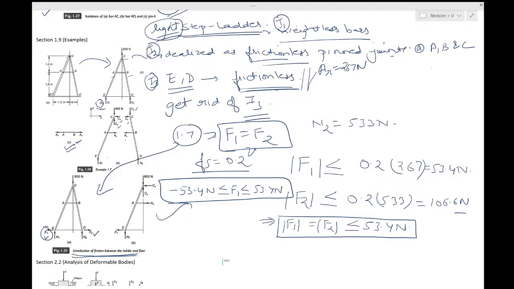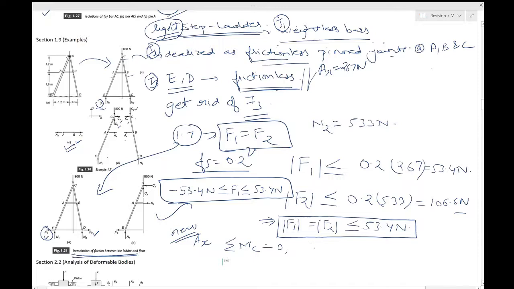Now, can we solve for AX now? AX, also called the new AX, in the sense in which the friction between the ladder and the ground is taken. Yes, of course, you can take the moments about C and equate it to 0.